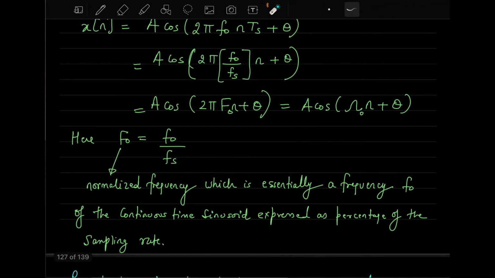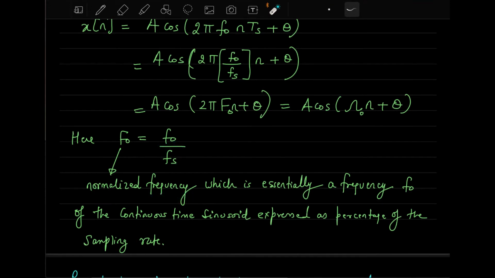But it is called normalized frequency because it is essentially the frequency of the continuous time signal, which you are writing down here, and then dividing by the sampling rate, so that it is basically a percentage of the sampling rate. What percentage of the sampling rate you are at is basically normalized by fs, and that is why it is called normalized frequency.